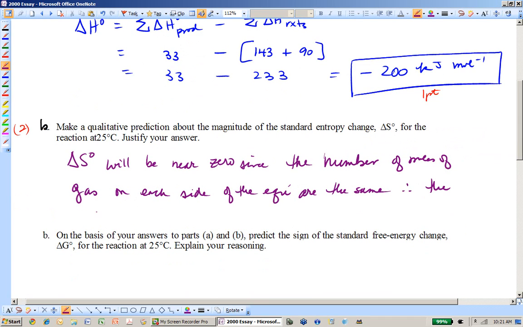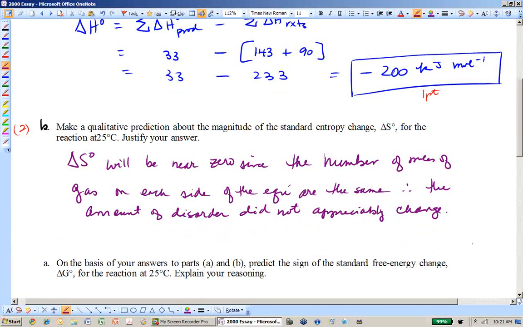Therefore, the amount of disorder did not appreciably change. All right, big people word, appreciably didn't change a bunch is what it translates into.